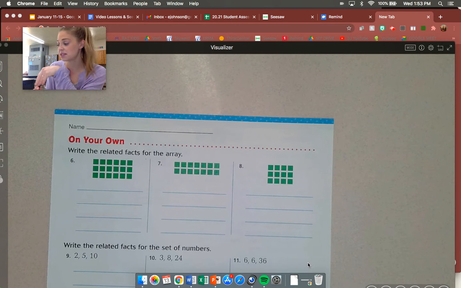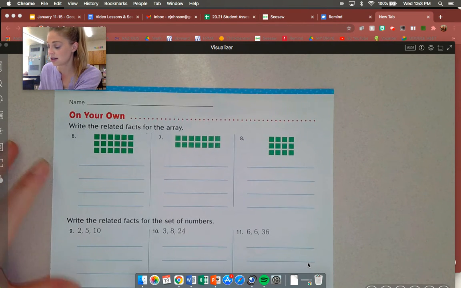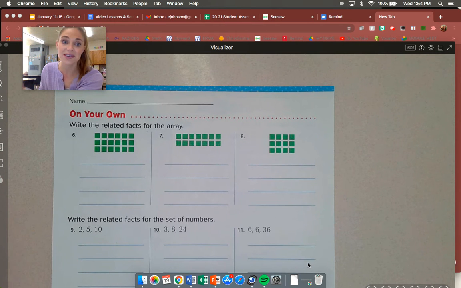Okay, now that you are ready to learn your math for today, we're going to do some practice with fact families. First of all, we're going to look at an array and we're going to write 2 division and 2 multiplication equations for each array.